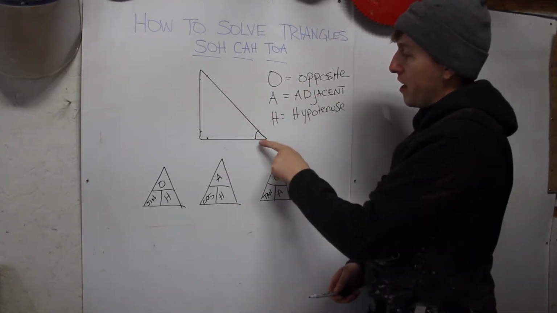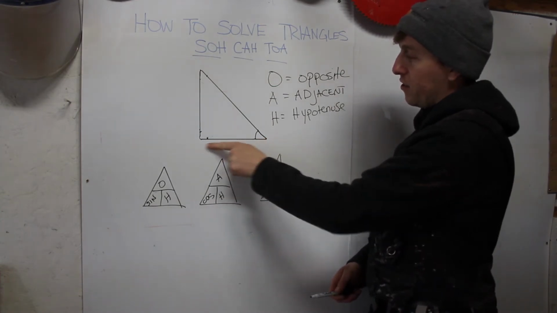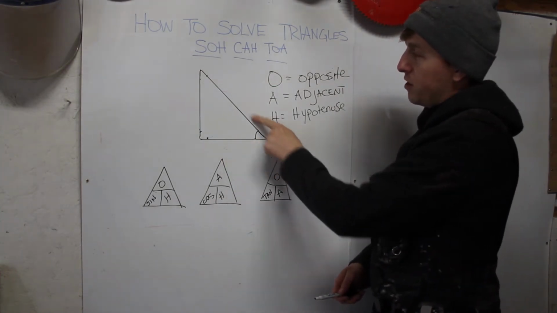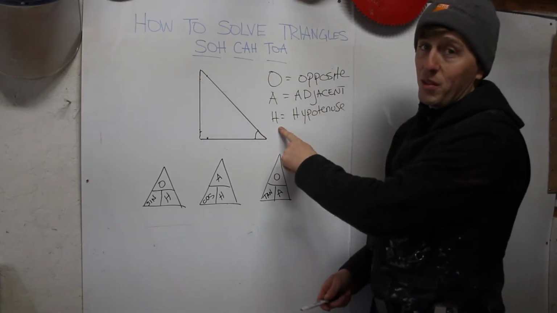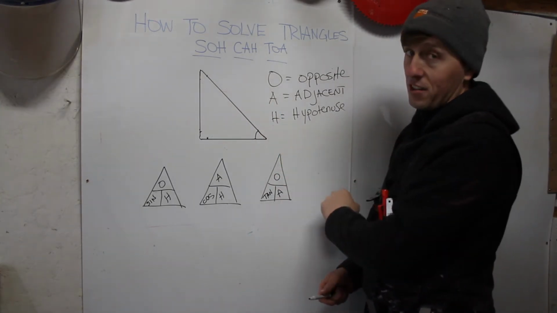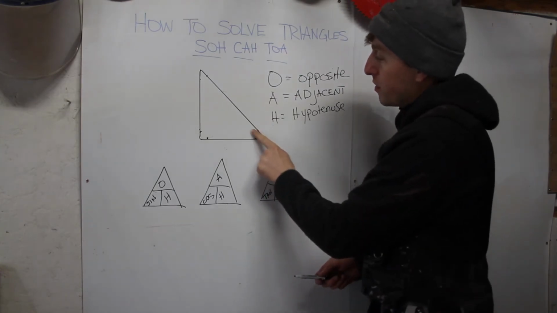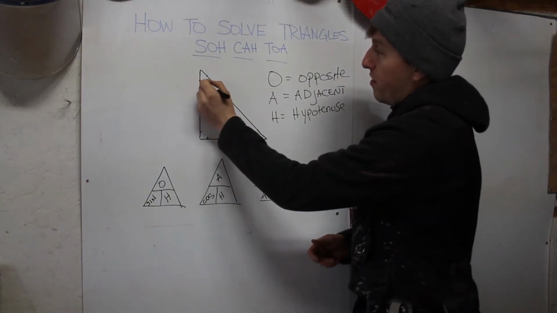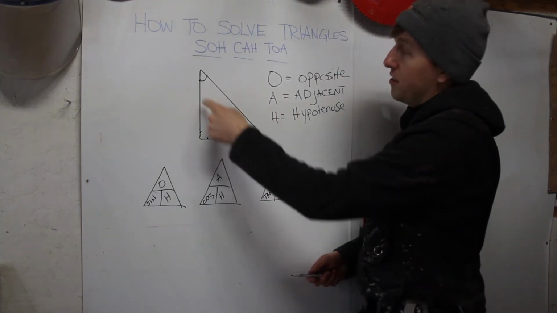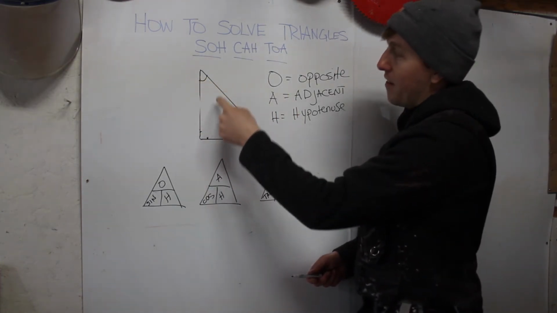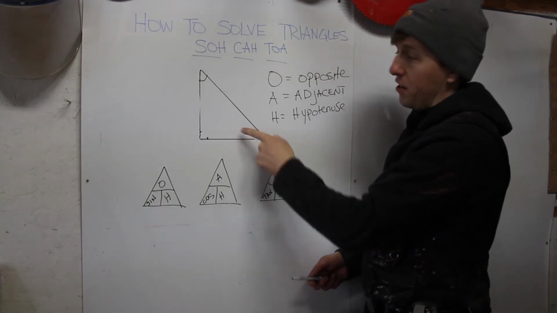The adjacent side is going to be here, that's connected onto it. And the hypotenuse is always going to be the hypotenuse. This can't be the adjacent, it has to be the hypotenuse, even though it's connected to the angle. If, for example, we're looking for this angle, the opposite is now going to be this side, the adjacent is going to be this side, and the hypotenuse, once again, is here.